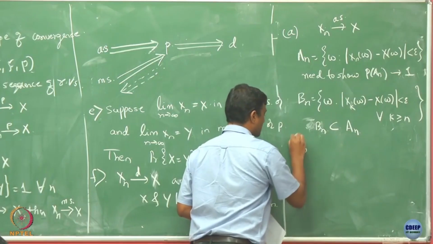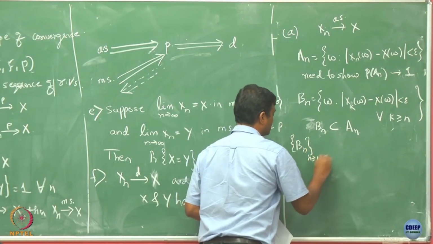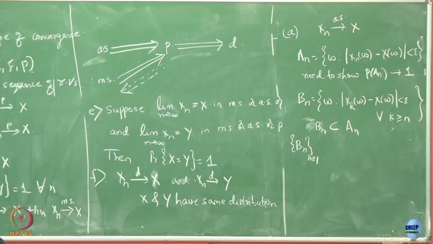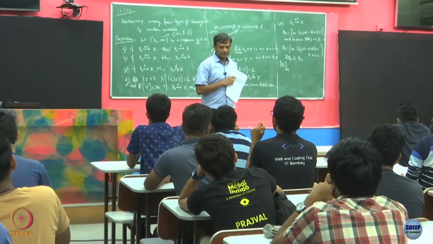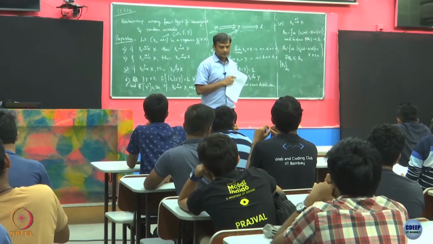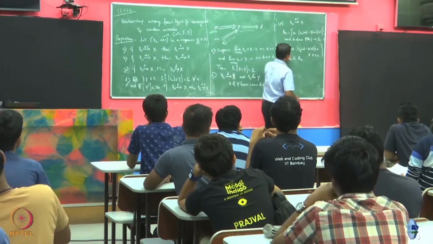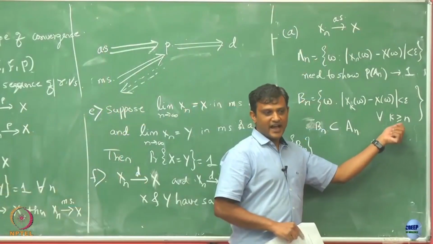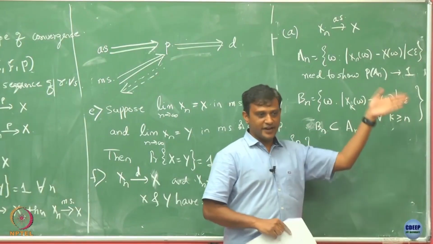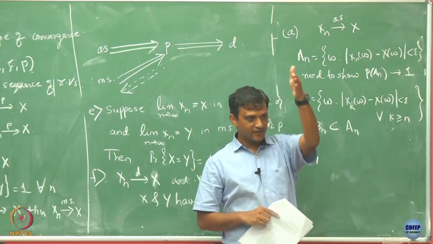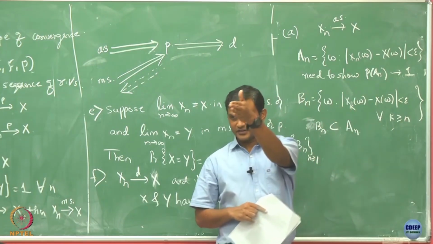Now let us look into this sequence of Bn's. Are they monotonically increasing or decreasing? If I increase n, let us say from 10 to 15: earlier I wanted everything beyond 10 to satisfy, now I only want everything beyond 15 to satisfy.